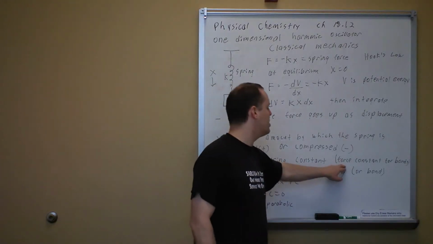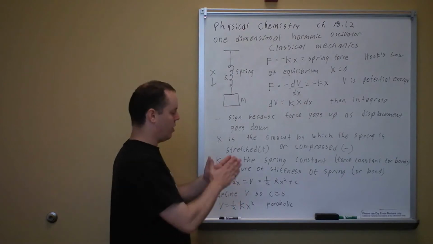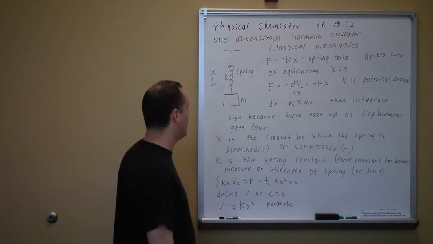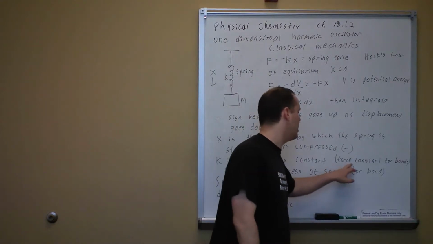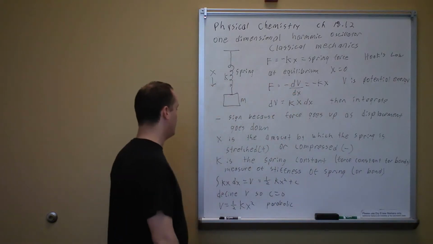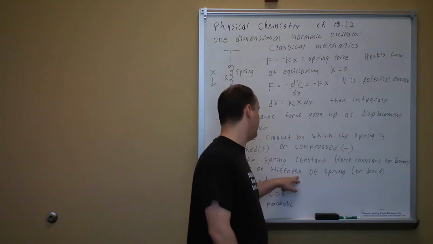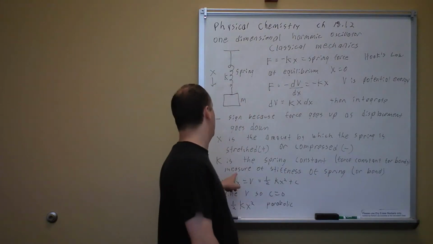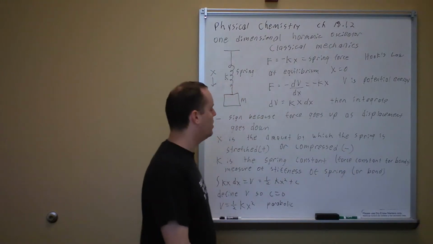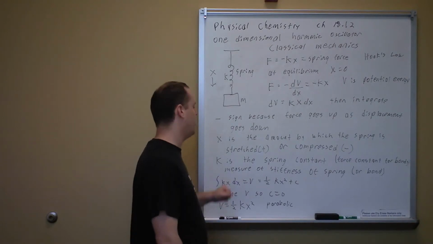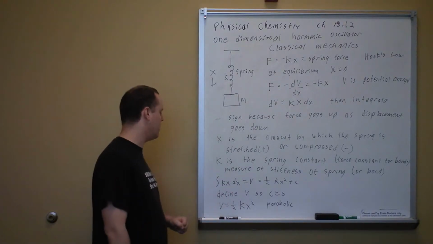Later on we're going to be actually talking about molecular bonds, the stretching within a molecule or between molecules, whatever. So then it's actually a force constant for the bond here. And likewise, for a literal spring, we say it's the stiffness of the spring, or it can actually, at the quantum level, molecular level, be a measure of the stiffness of the bond.